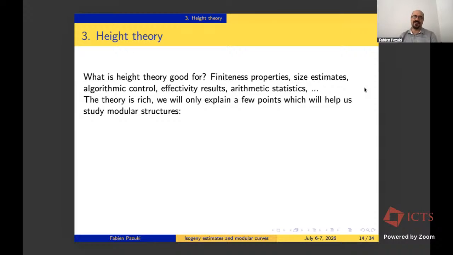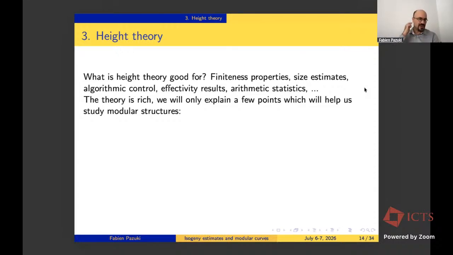These kinds of questions are what height theory will, in the end, allow you to do if you can prove that you have these finiteness properties. Anyways, height theory is good for proving finiteness, and then all the corollaries.